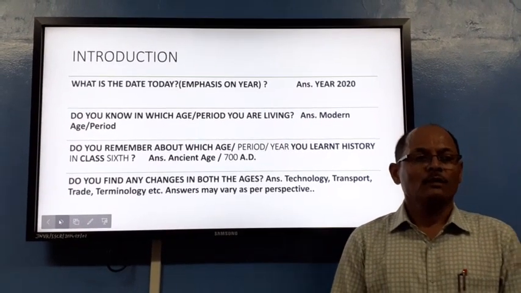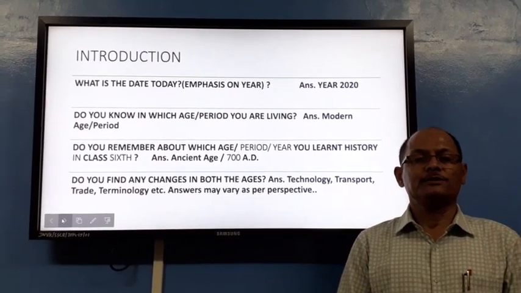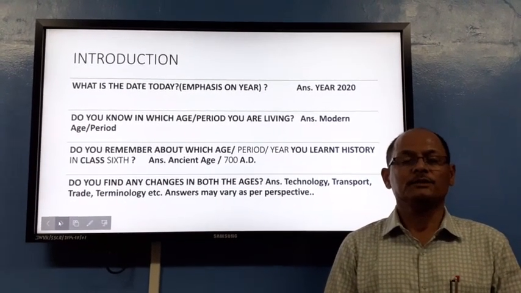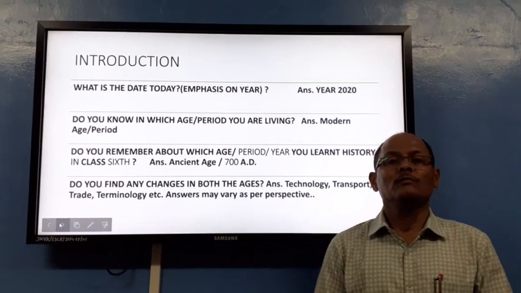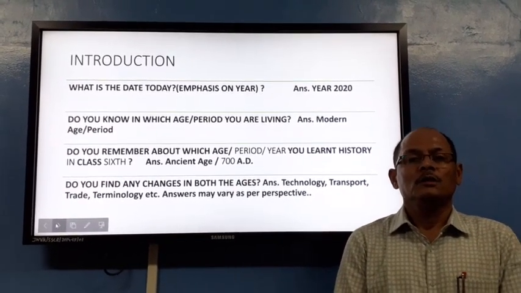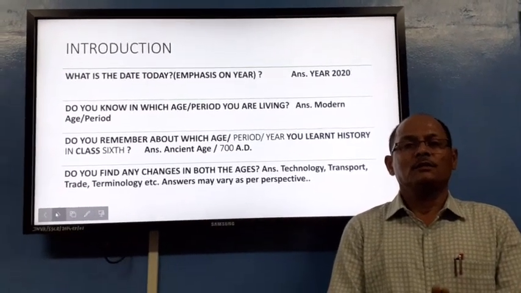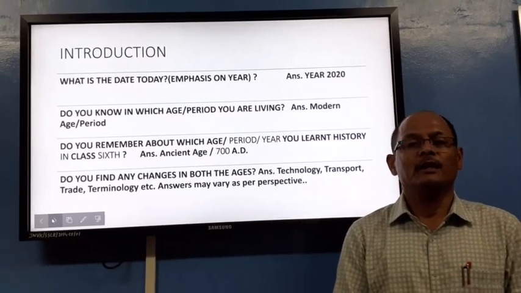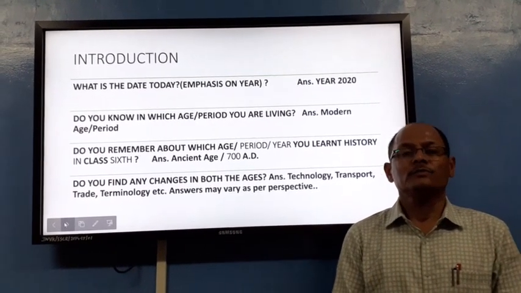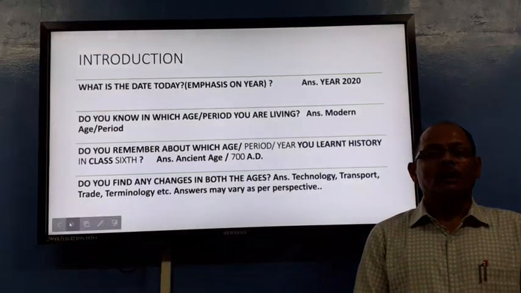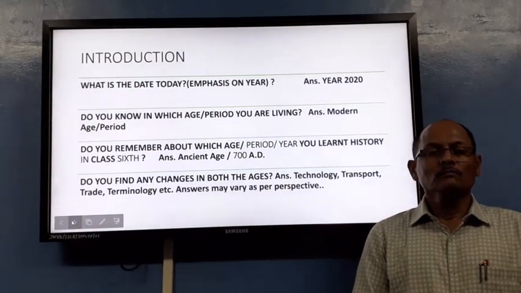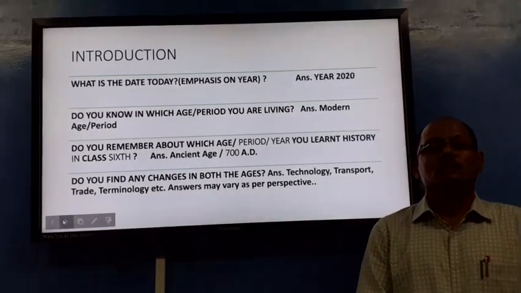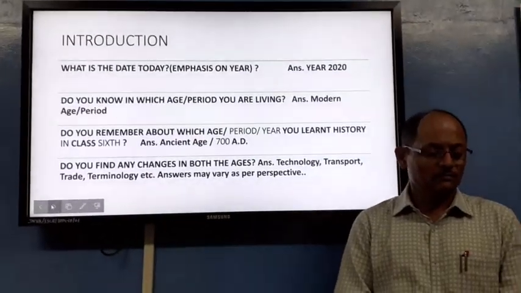Next question. Do you remember which age or period or year you learned history about in class 6th? Now most of you must be thinking about the ancient, important, famous rulers. You may think of the great Ashoka, you may think of Samudragupta and many more. If you remember, we read about the famous ruler Harshavardhana.